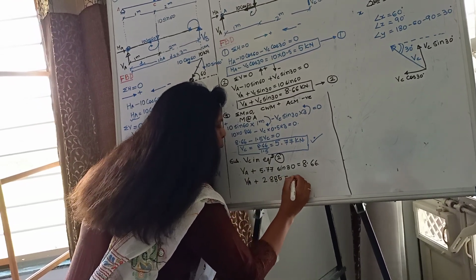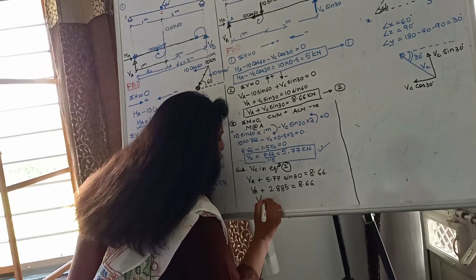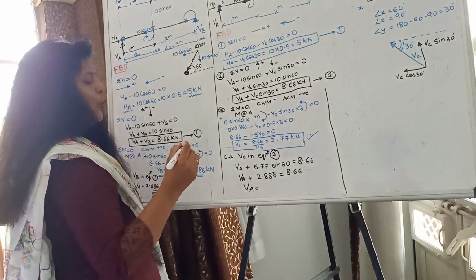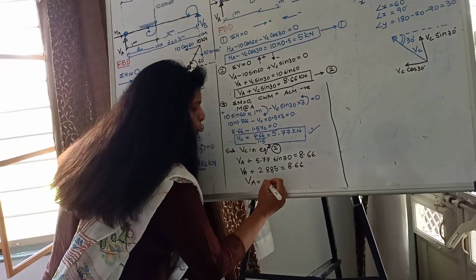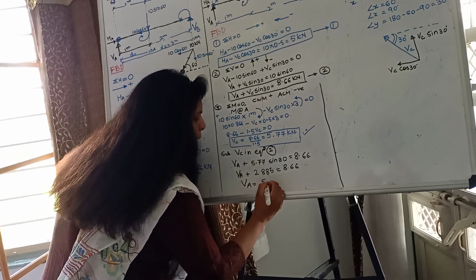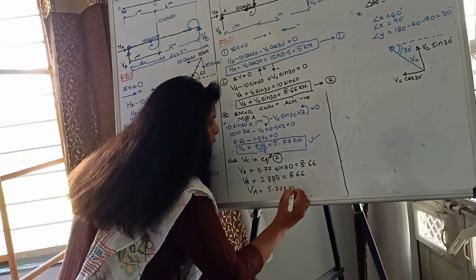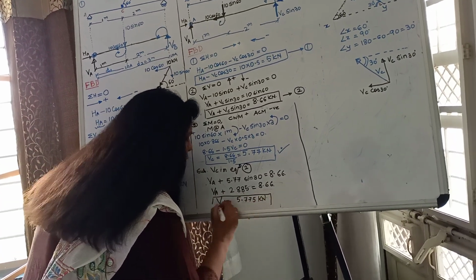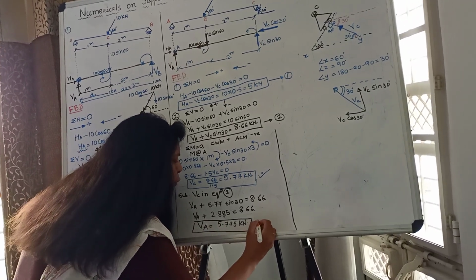So VA plus 2.885 is equal to 8.66, so VA is 8.66 minus 2.885, that is equal to 5.775 kilonewtons.